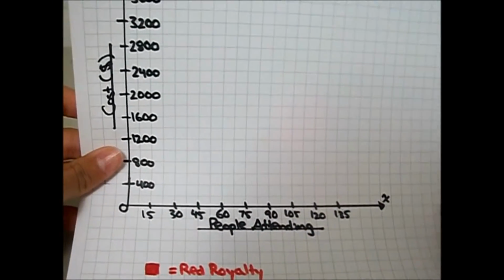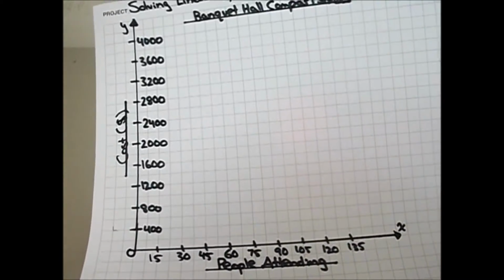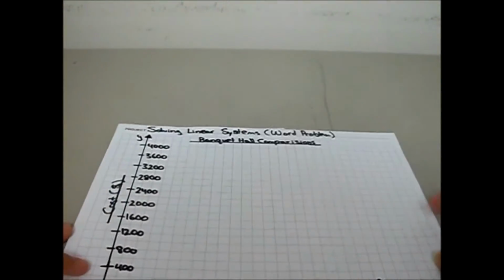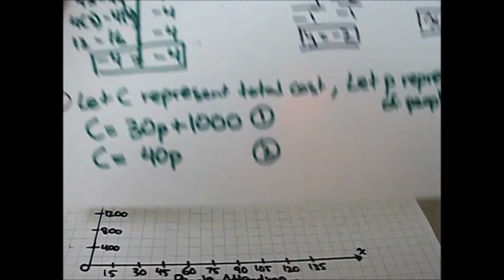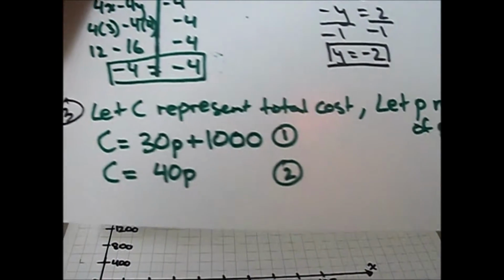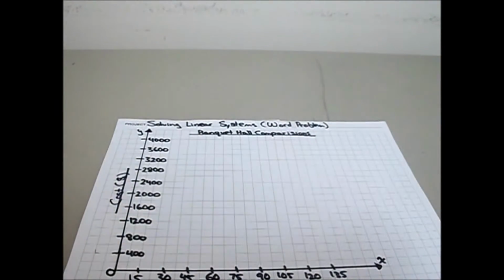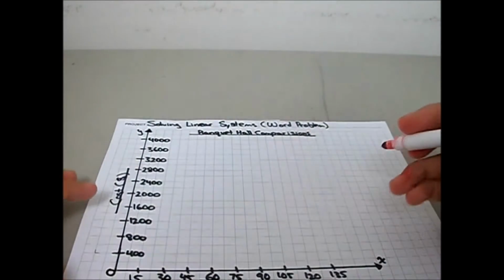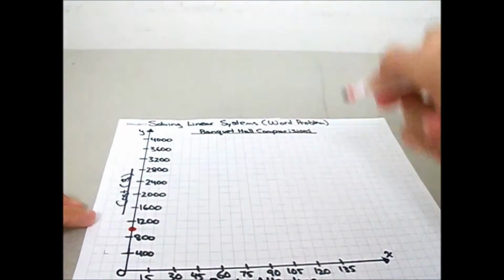The independent variable is the number of people attending, and the dependent variable is the cost. So let's start with our first equation, which was C equals 30p plus 1000. We'll plot the y-intercept, so it'll be over here at 1000.